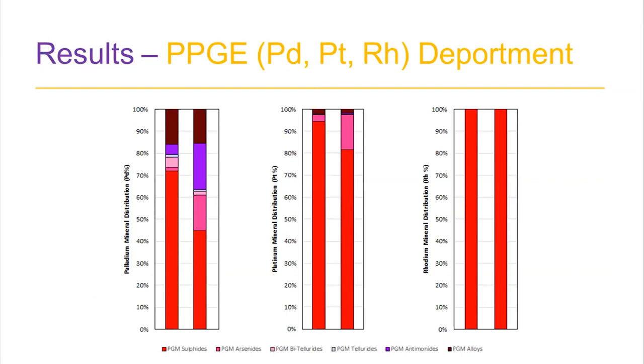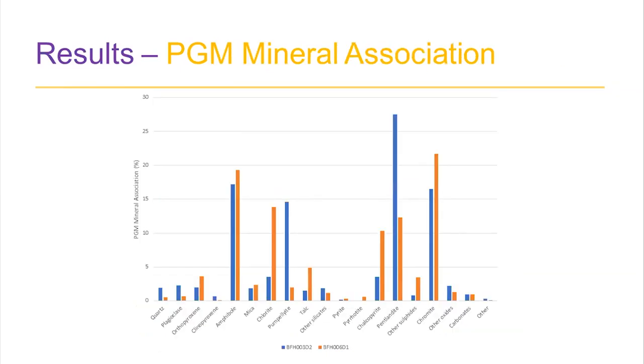Using MLA as well, we looked at where the platinum group elements are sitting, and palladium is mostly in sulfides and alloys, whereas platinum is mostly in sulfides and arsenides, and rhodium is almost entirely in sulfides. We also looked at the PGM mineral association.